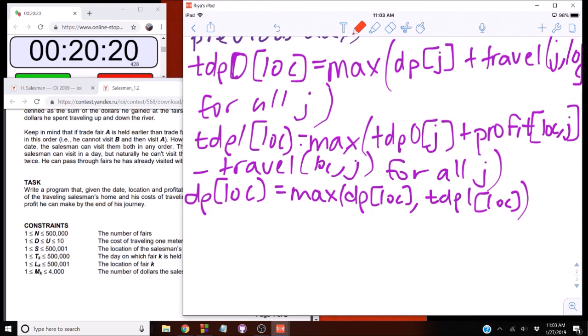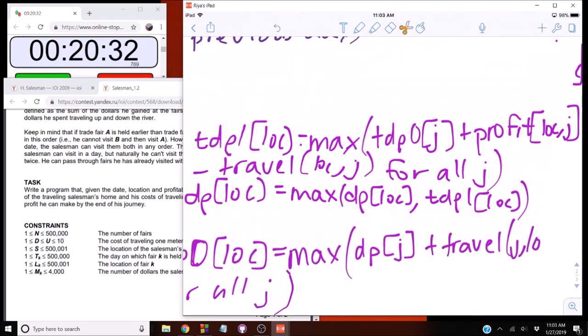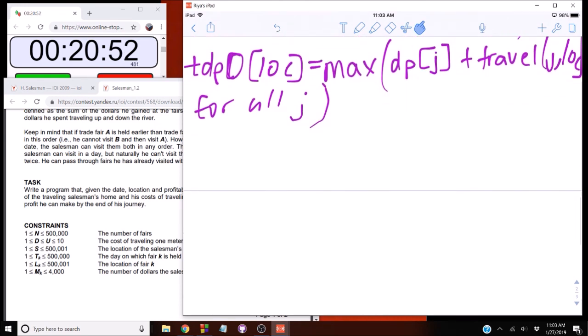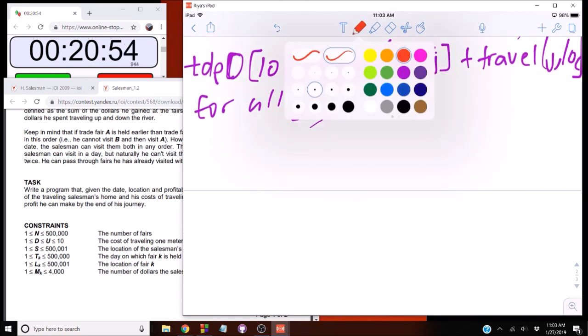Alright, I'm going to look at this formula right here. Okay, so let's see if I were to make a segment tree.